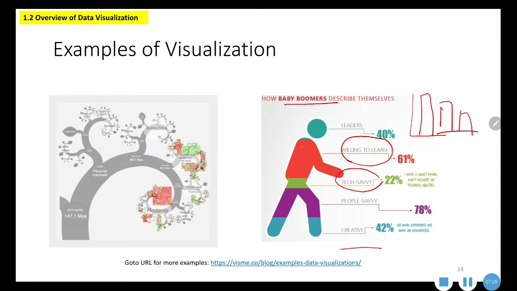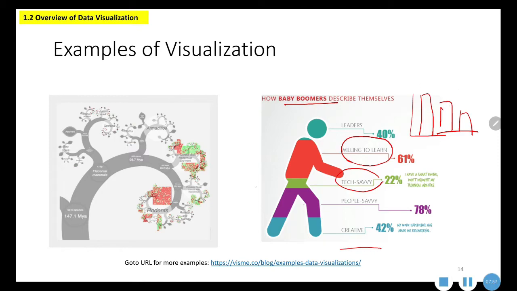The colors represent the numbers, and the area represents the percentage. So 22% is the lowest percentage, that's why that layer is the thinnest layer among all. So you can be creative, you can use any other visuals rather than the normal bar chart.